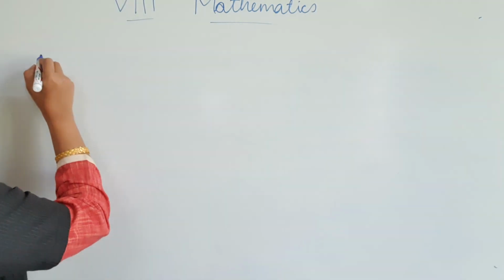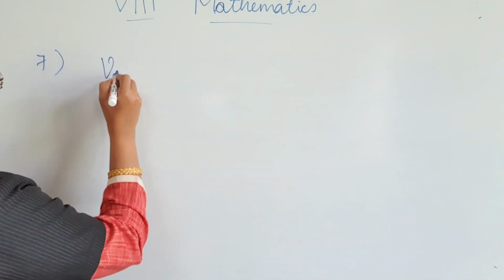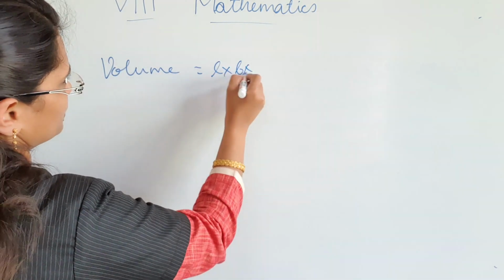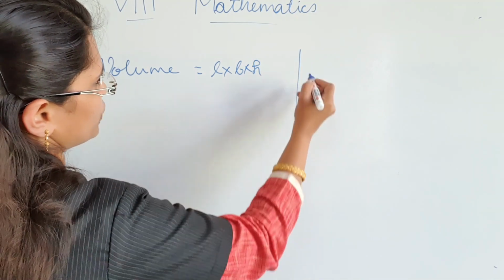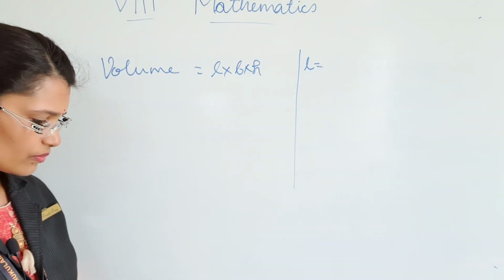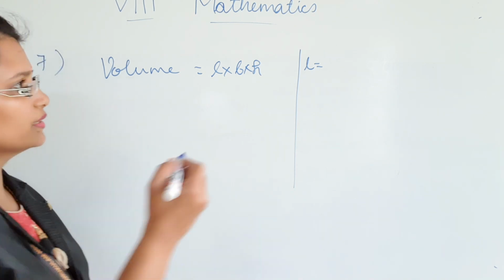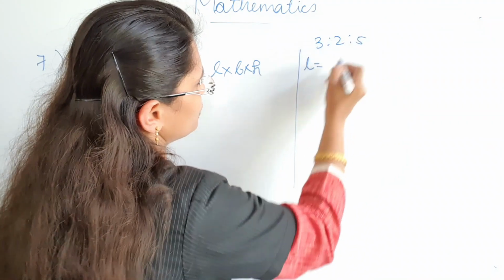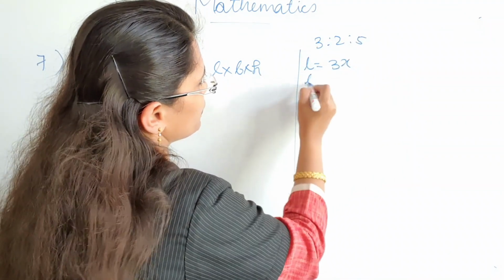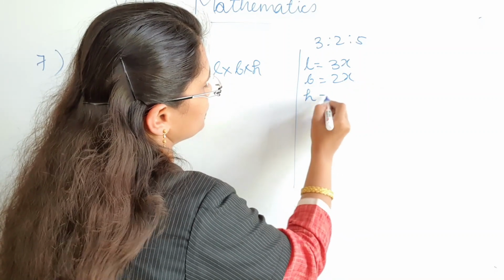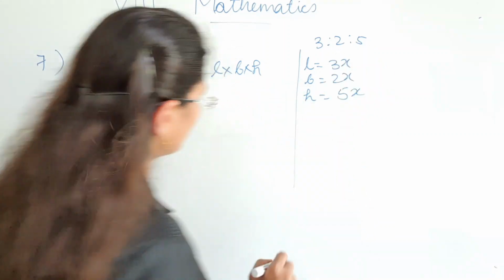So here we can write volume is equal to length into breadth into height. What is length here? The ratio is 3:2:5. So length is equal to 3x, breadth is equal to 2x and height is equal to 5x.